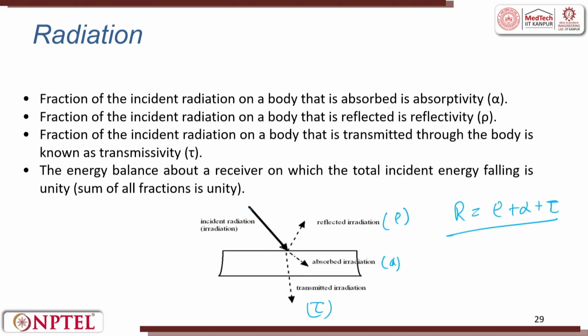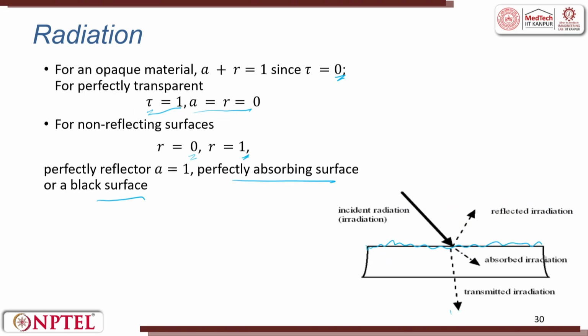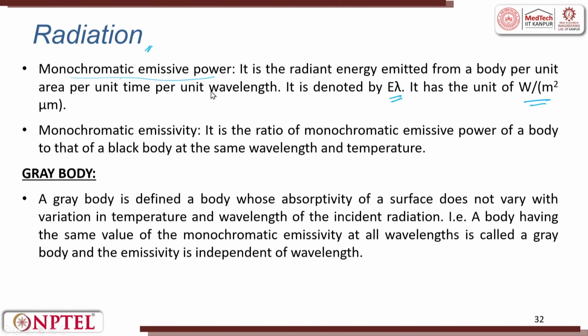What comes from a heated body need not be a single monochromatic radiation, but here we are talking about the phenomenon called monochromatic emissive power. Monochromatic emissivity is the ratio of the monochromatic emissive power of a body to that of a black body at the same wavelength and the same temperature.